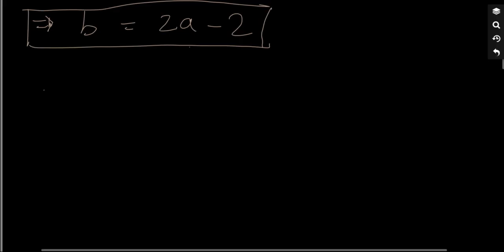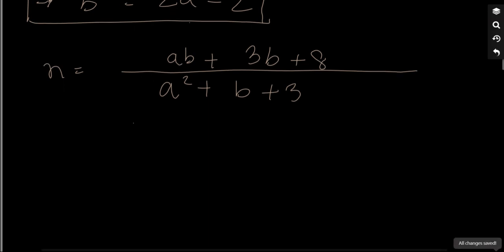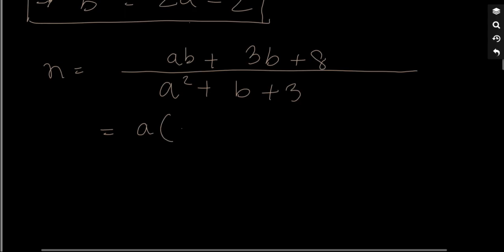So what was n actually? n was something like ab plus 3b plus 8, then a square plus b plus 2. Then the next thing, just put a, and b equals what? 2a minus 2.